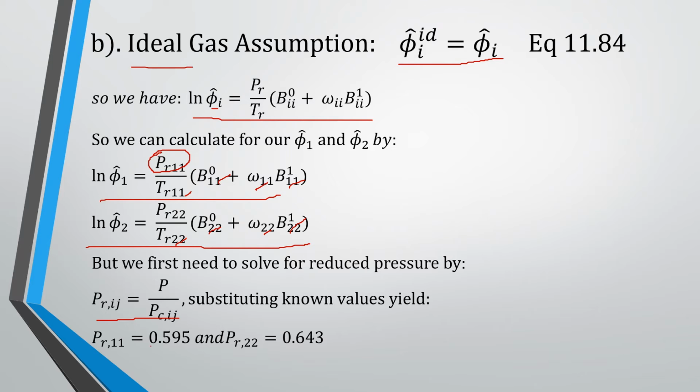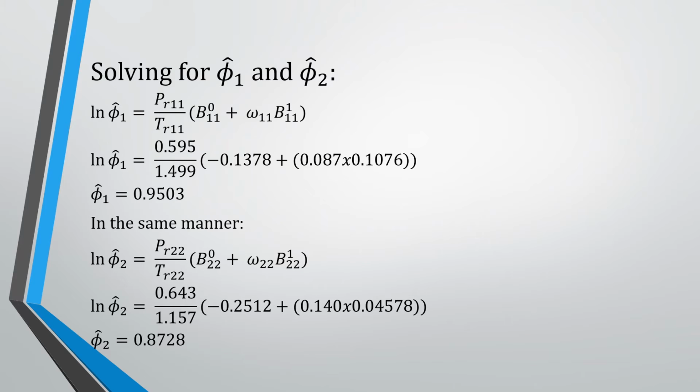So these two values here that we calculated are the reduced pressures that we need in order to use these equations. And since we already know the values of the reduced pressure, we can now solve for the fugacity coefficient of species 1 and species 2 in the solution, which is assumed to be ideal.